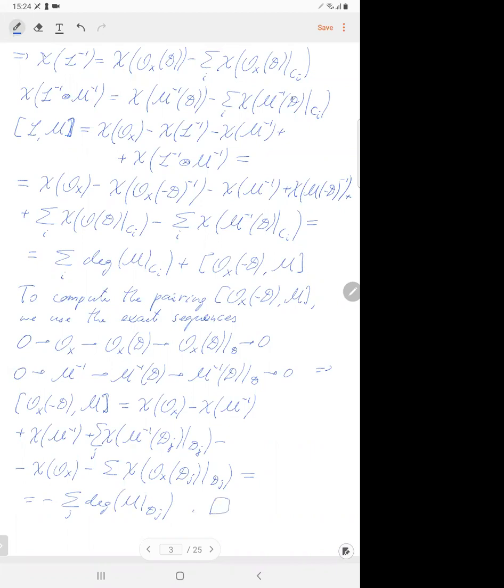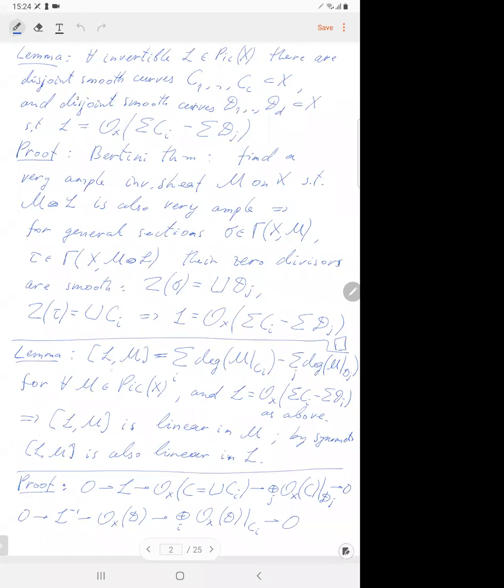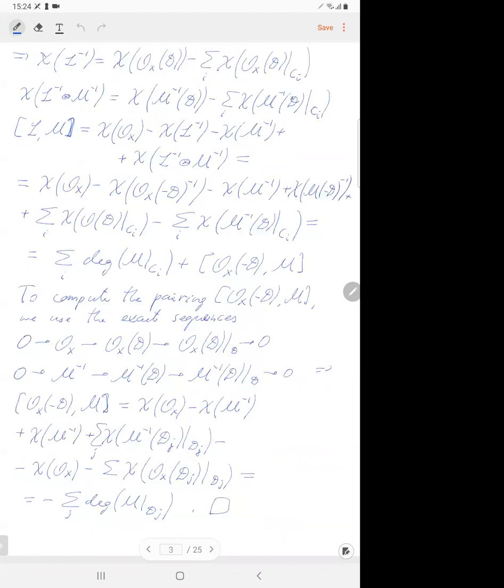So the desired equality is proved. We wanted to prove that the pairing of L and M is the sum of degrees of M restricted to the positive divisors minus the sum restricted to the negative divisors. And that's what we did. Fine. So this is a useful formula that we'll use in a moment.